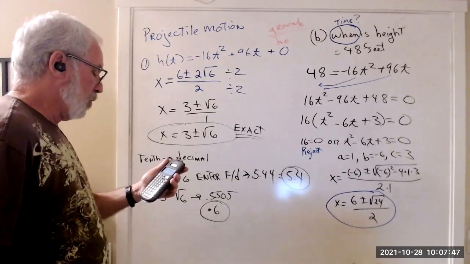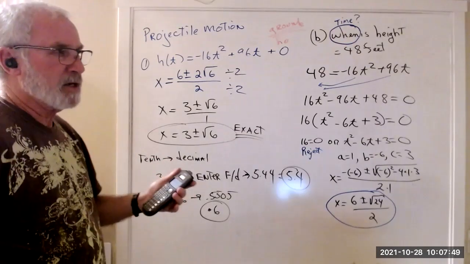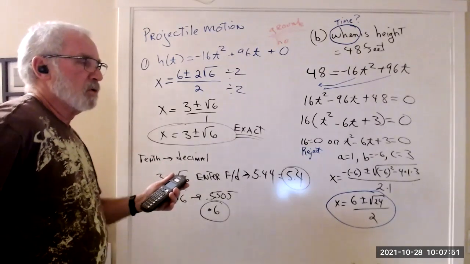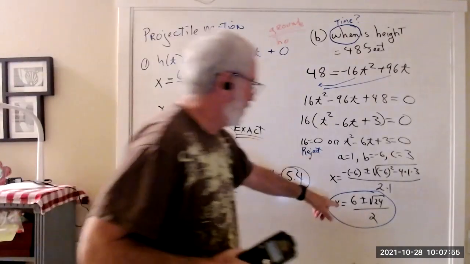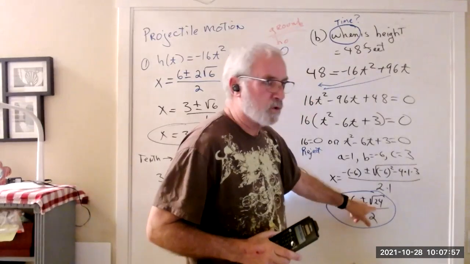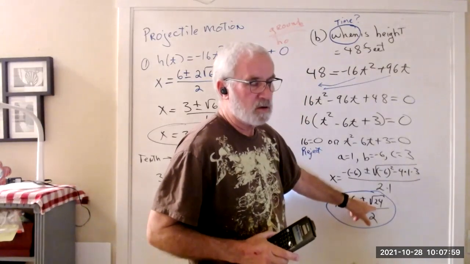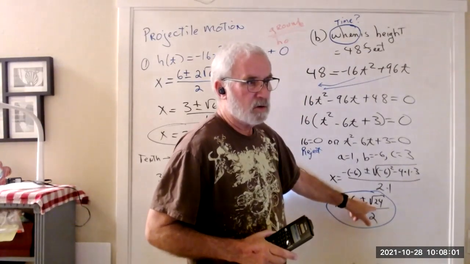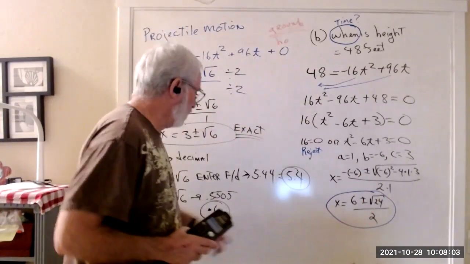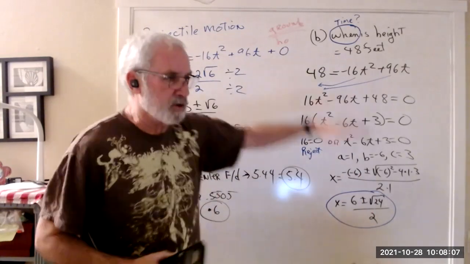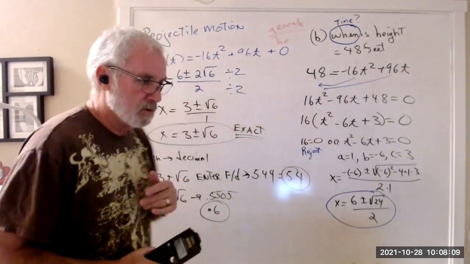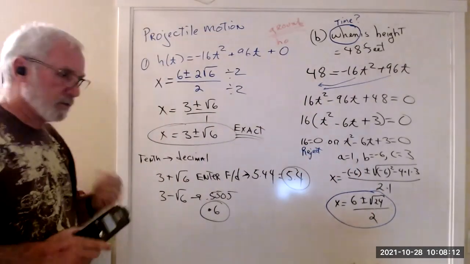Yes. Go over, make sure math print is highlighted. All right. So math print is how it does the square root of 24 and makes it look pretty. Then pressing the FD key should take it out of math print into decimal.